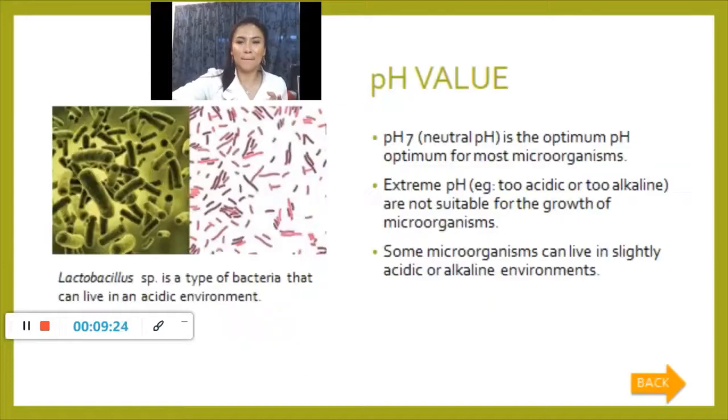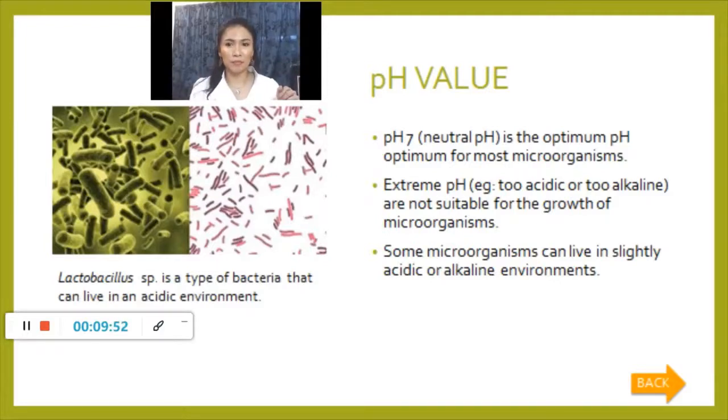As the slide shows us, pH 7, which is a neutral pH, is the optimum pH for most microorganism. Meaning to say, most of the microorganism will live well, grow well, and reproduce well at pH 7.